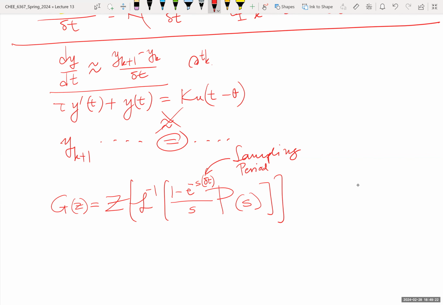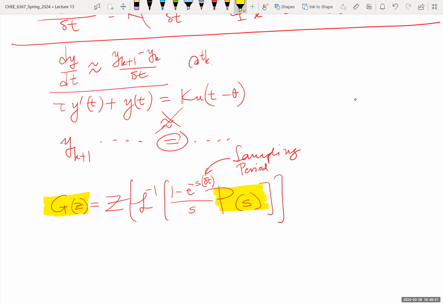Example 9 shows how to apply this formula, and it's optional, obviously, because it shows you how lengthy the algebra is. You can generalize this into theorem 3 on page 20 that says, give me P of s, this is my starting point, and I'll give you immediately G of z, the transfer function in discrete time.